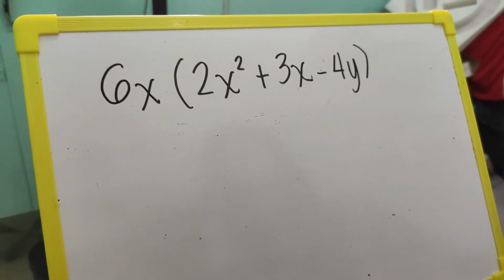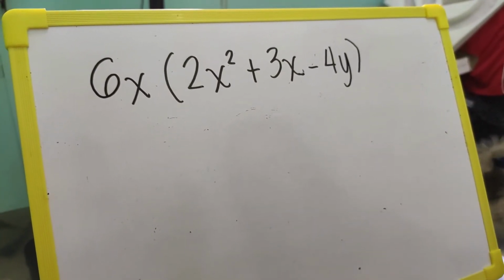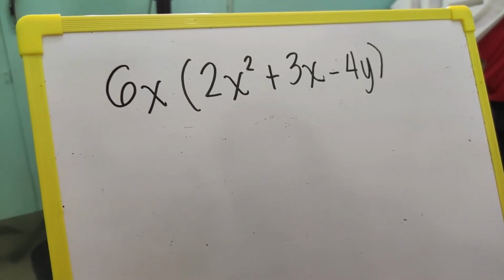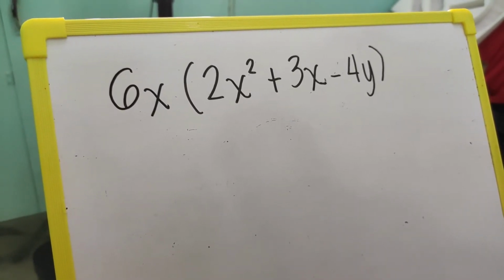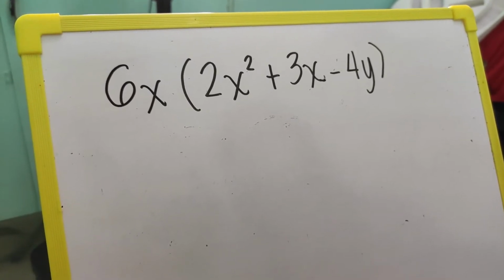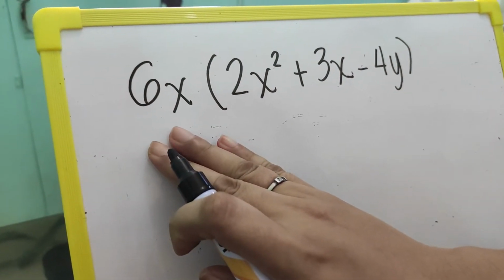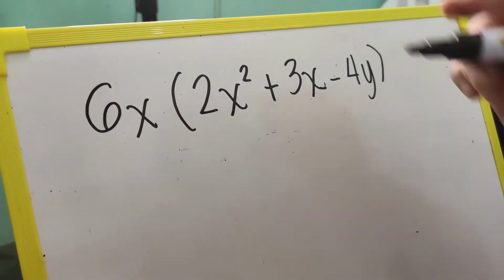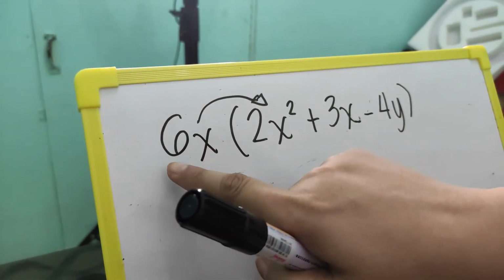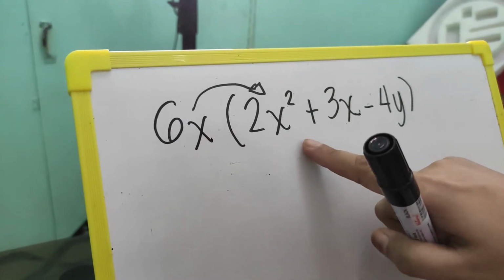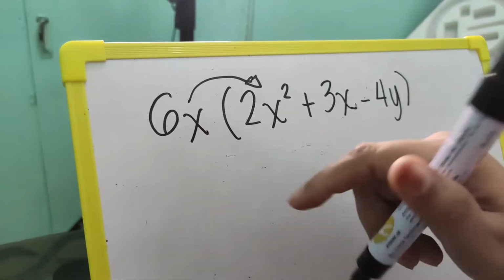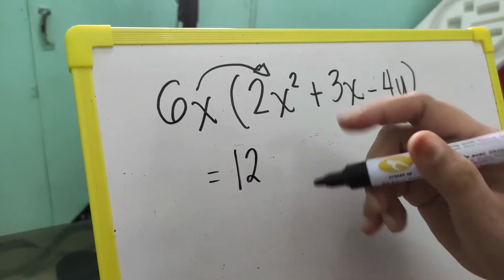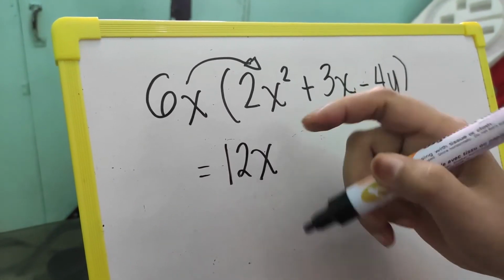Now, let's have the process of multiplying polynomials. First, as you have read in the module, in multiplying polynomials, all we have to do is to distribute the term here to each of the terms inside the parentheses. So let's start. First, let's multiply 6x times 2x squared. We have 6 times 2 is 12. x times x squared is x.